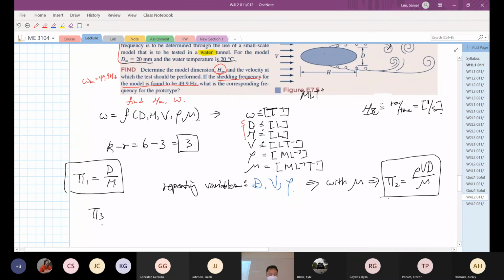So the third one, the pi 3, you can just find it. The omega is the one dependent variable, so we have D, V, rho, then put the exponents a, b, c, and just one omega.